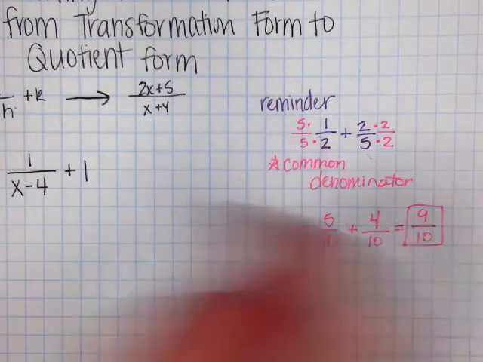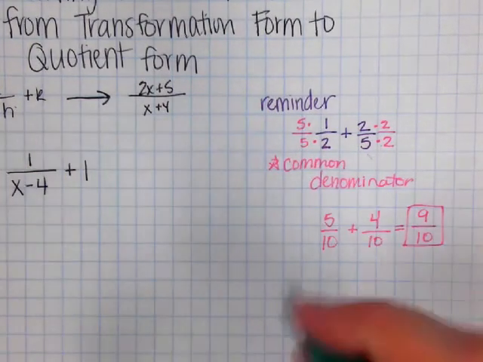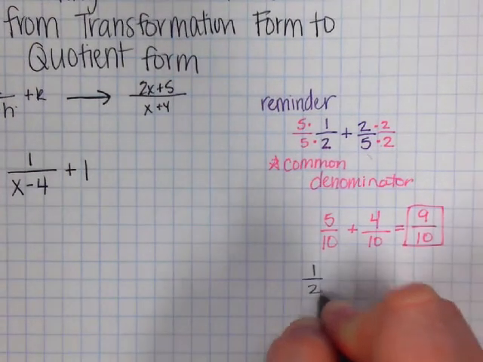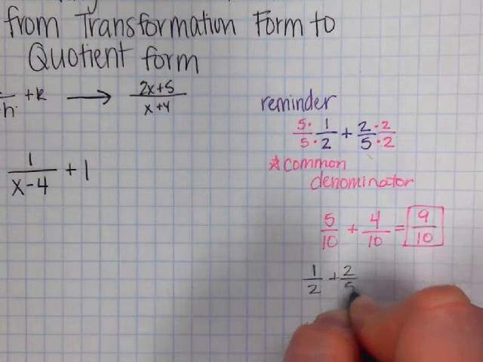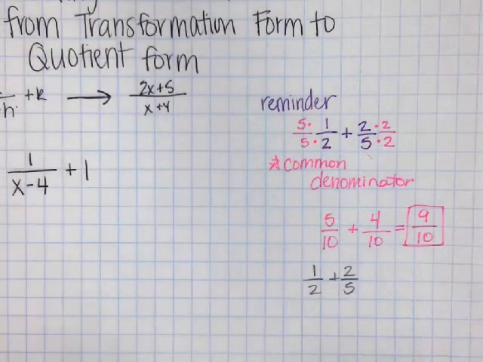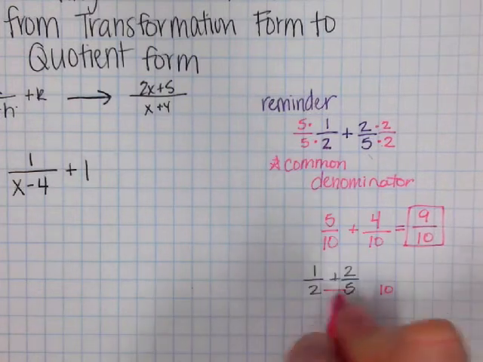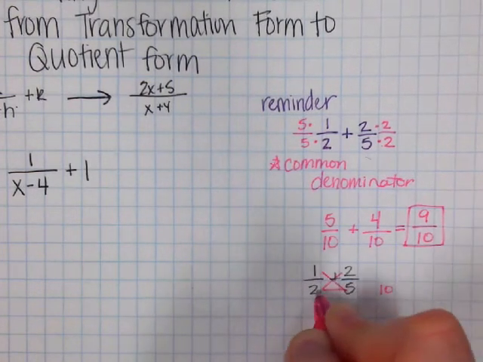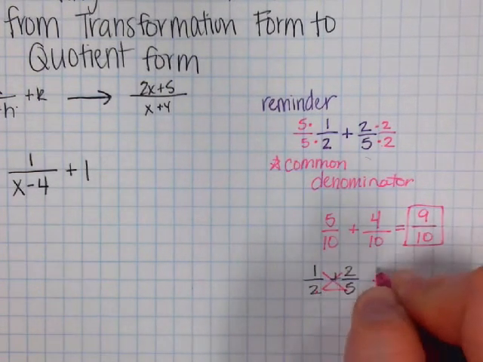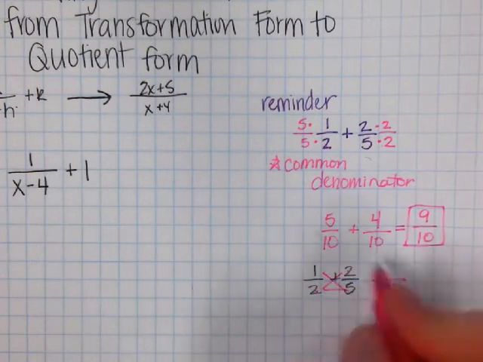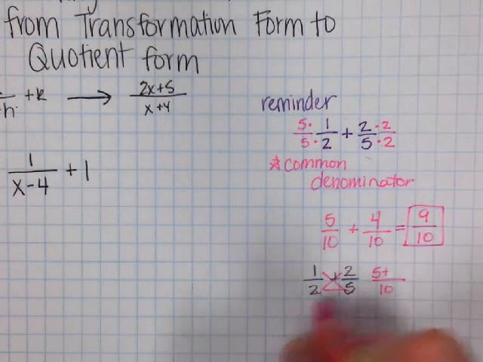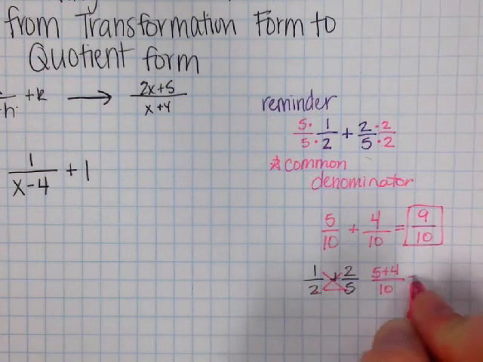I'm going to show you another way real quick. If I do 1/2 plus 2/5, it's the same thing. Multiply across the bottom, 2 times 5 is 10, and then cross multiply. 5 times 1 is 5, plus, and make sure you keep the plus sign, 2 times 2 is 4, which equals 9/10.